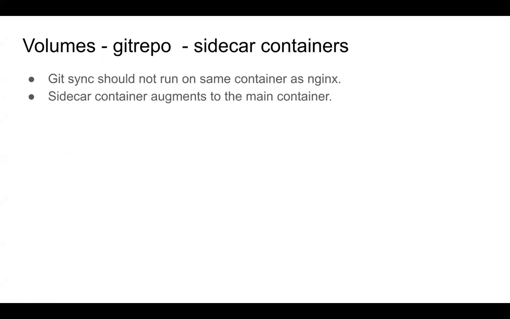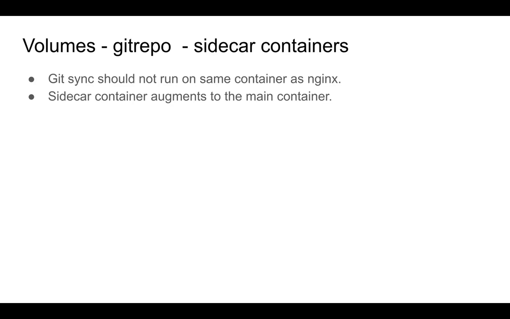There is a concept called sidecar containers. There are various types; sidecar is a terminology Kubernetes uses. So in this example, in the Git repo context, what is the sidecar container? Git sync should not run in the same container as nginx. So the sidecar container augments the main container. And you will see the sidecar containers concept gets mentioned many times when you work in Kubernetes.